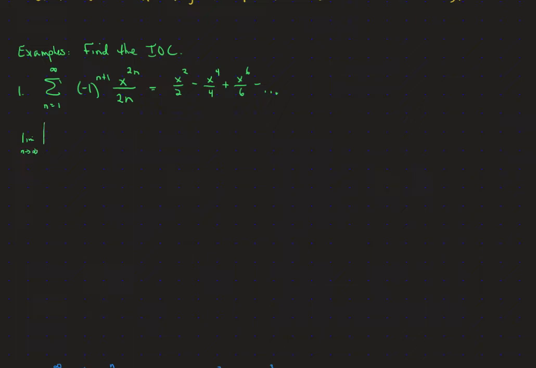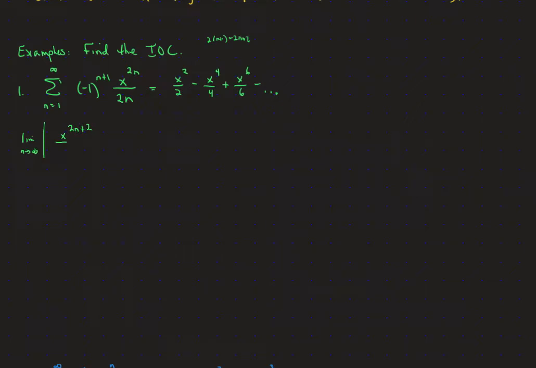So we're going to take the limit as n goes to infinity of the n plus first term over the nth term. Now, because it's an absolute value, that (-1)^(n+1), we can just drop it because we don't care about the alternating signs. So we're going to have x to the, now when we plug in the n plus 1, that 2 times n plus 1 is going to be 2n plus 2.